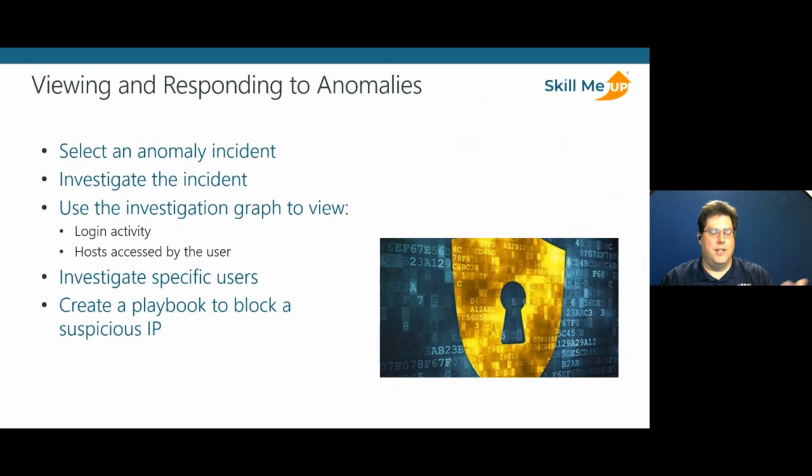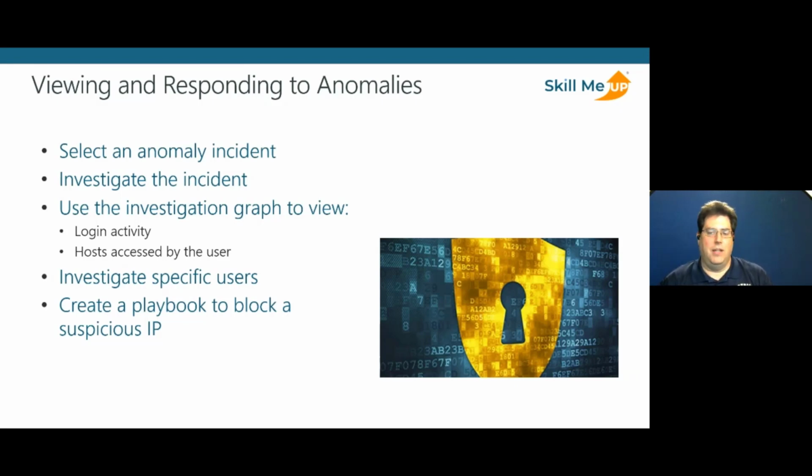Once it identifies those anomalies, it can create an incident that you can then investigate, using the investigation graph to view what that activity was, what hosts were being accessed, and if they accessed that host, where did they go beyond that as well.